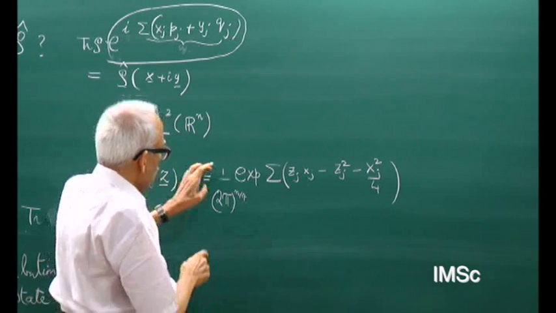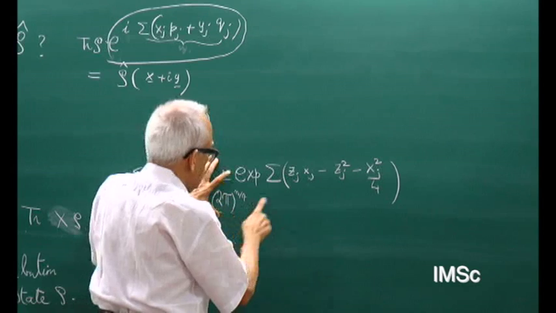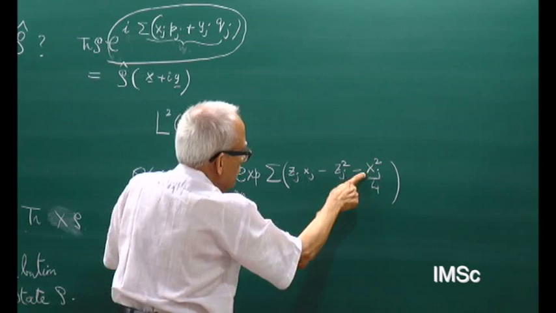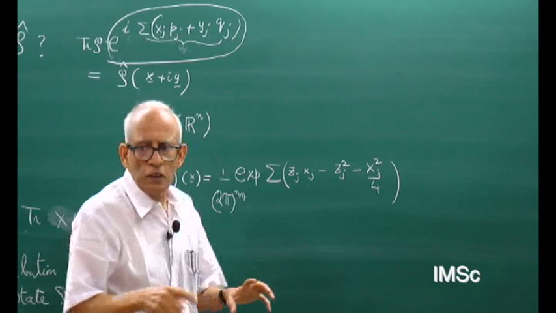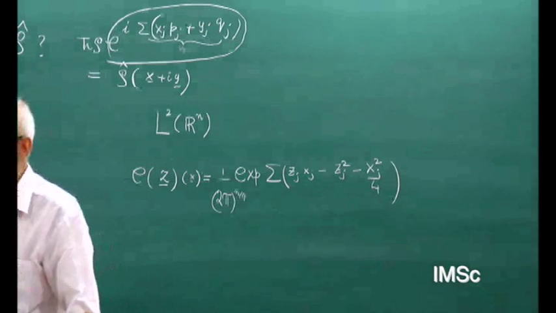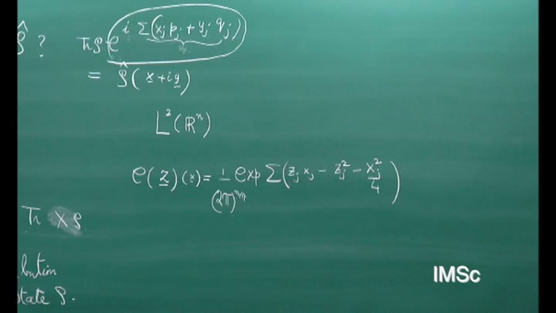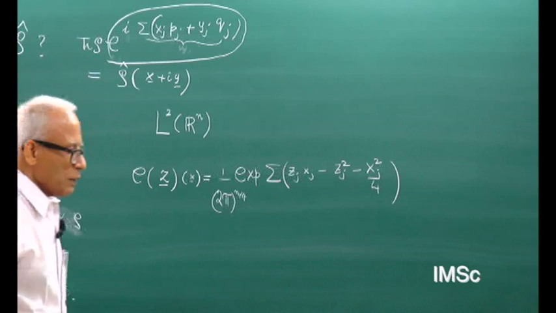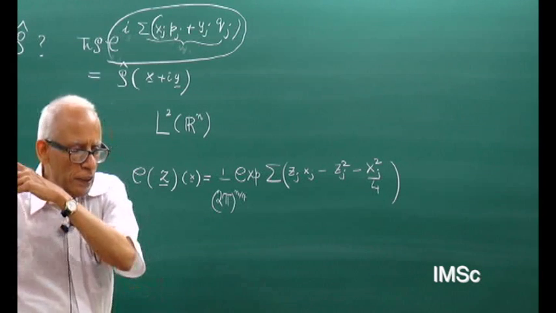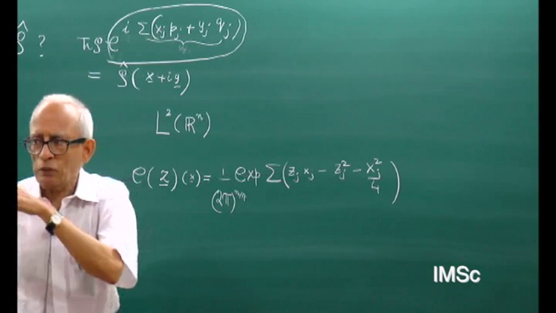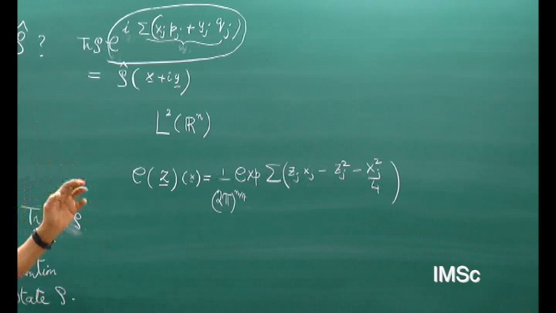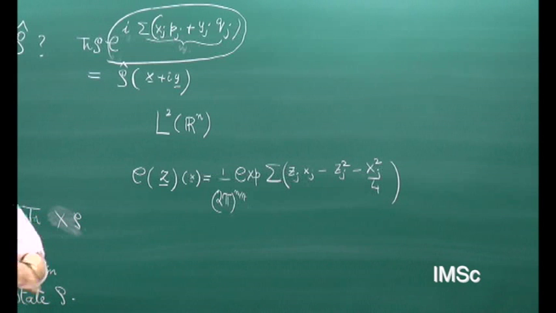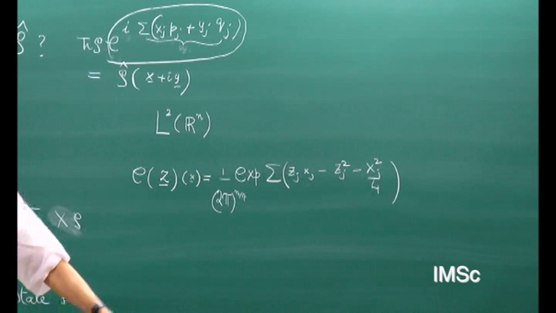You see, if you take 1 over 2 pi to the n over 4 times exponential of minus x_j squared over 4, that is simply the square root of the normal density. The normal density is a probability density, but we are going to do everything in this Hilbert space. The square root of the normal density is an element of the Hilbert space.